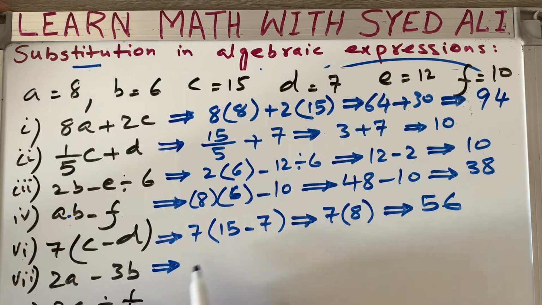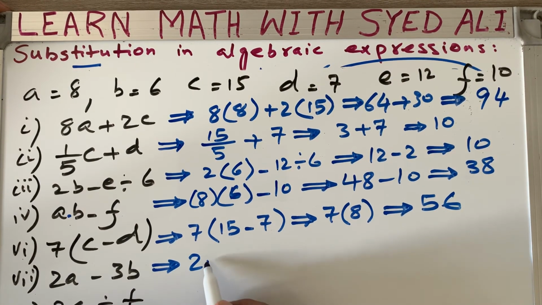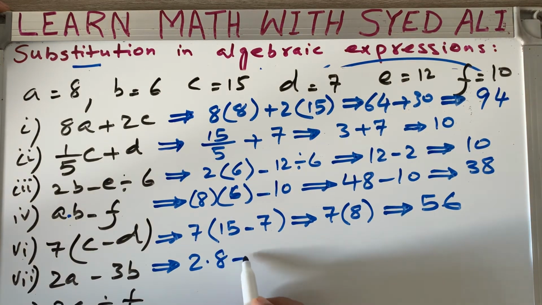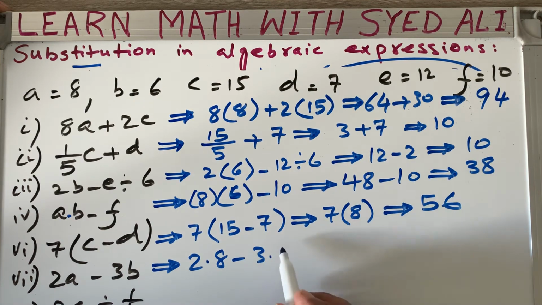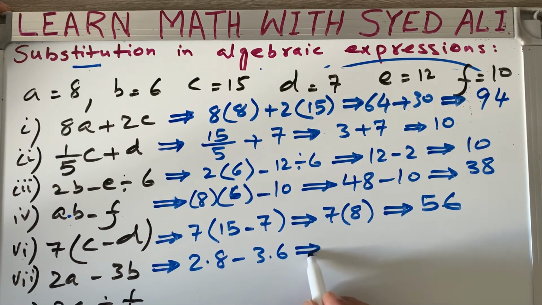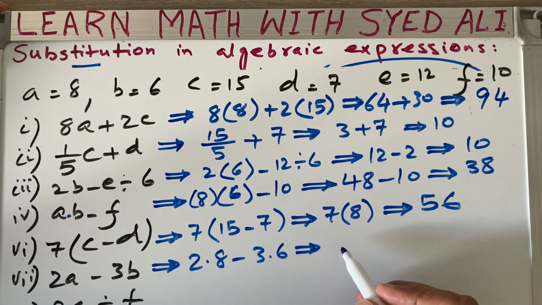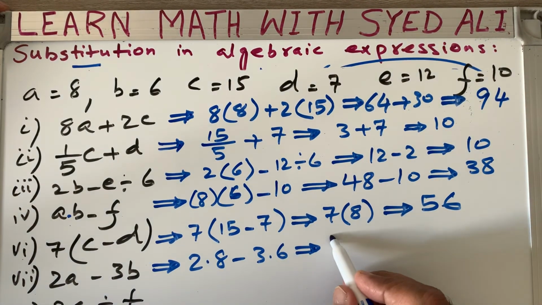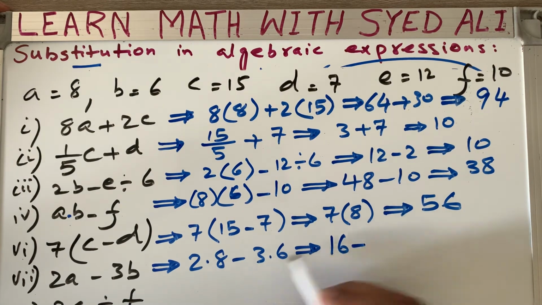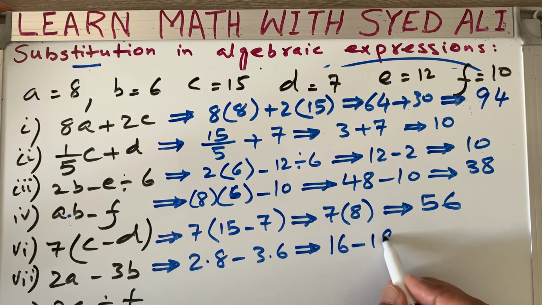Next question. 2 times a, times means dot or multiplication. A is 8, minus 3 times b, b is 6, right? So this is multiplication. You have to remember, this is not a decimal. Do not confuse it with decimal. 2 times 8 is 16, minus 3 times 6 is 18.